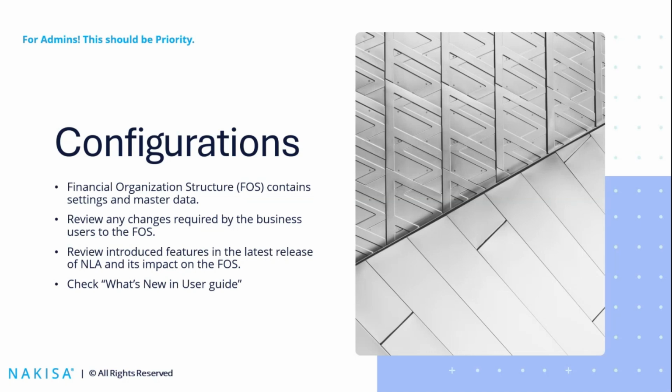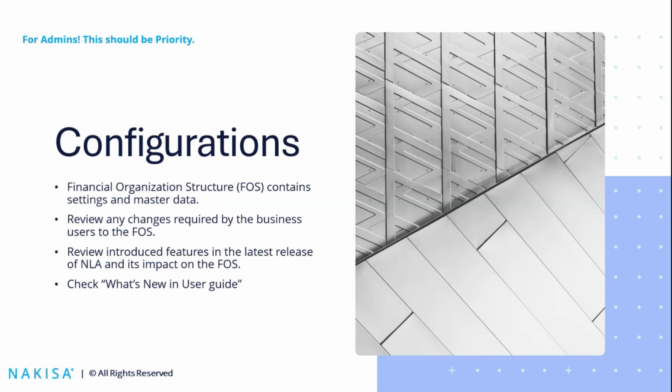The financial org structure, FOSS in short, contains all our settings and master data. If there are any changes required by the business users, they should be reviewed and adjustments made before commencing. Keep in mind that we are introducing many features and enhancements, and sometimes they have an impact on the FOSS as well.